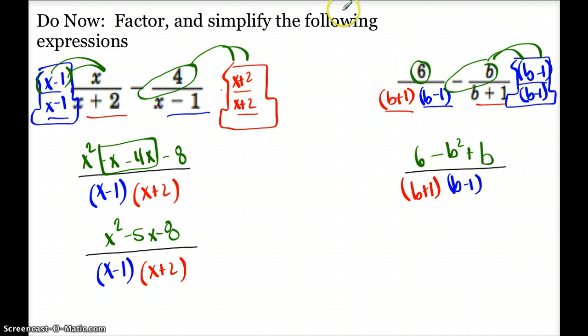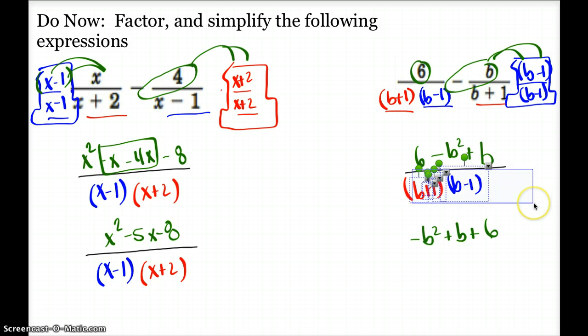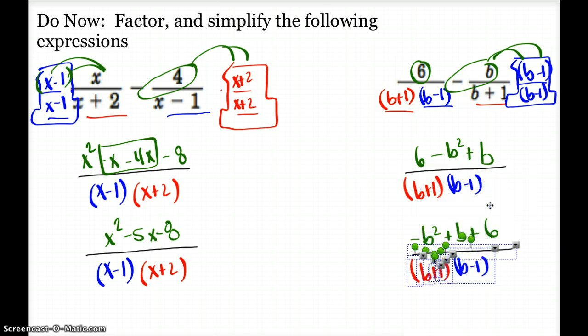I'll rearrange this, so the numerator should be negative b squared plus b and then plus 6, and our denominators stay the same. Denominators stay the same, and I'll factor out the numerator, and we'll see if we can cross anything out.